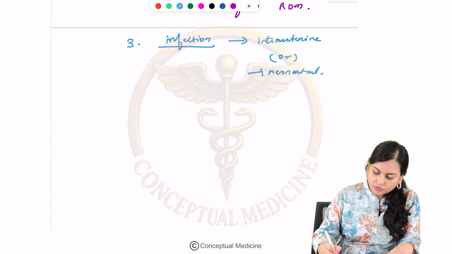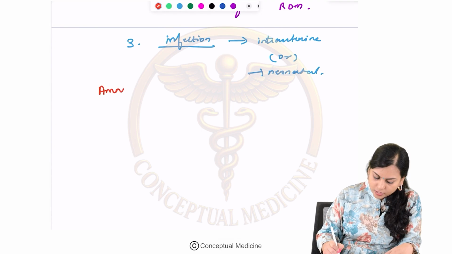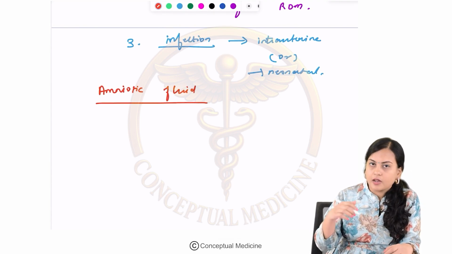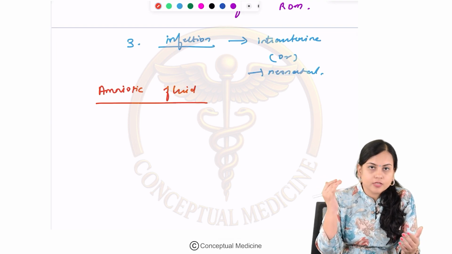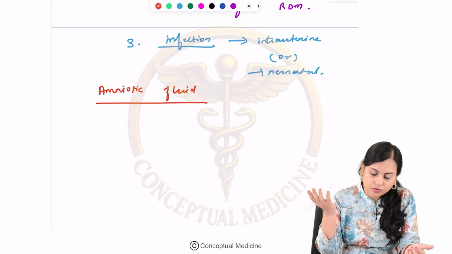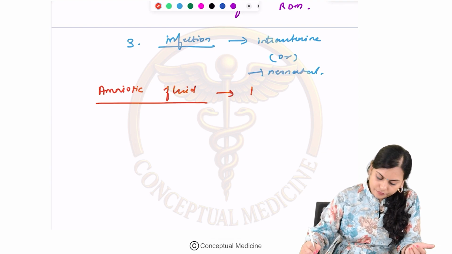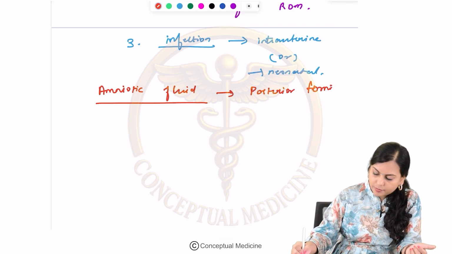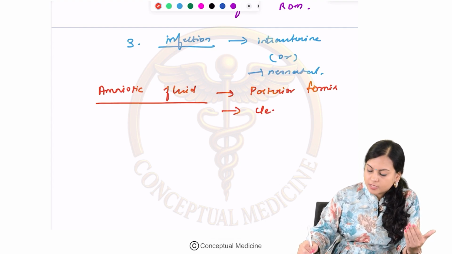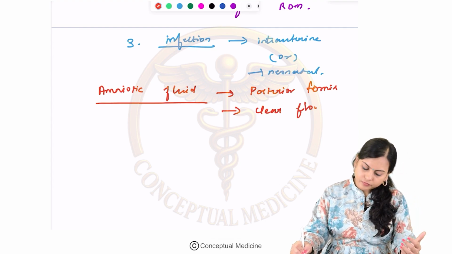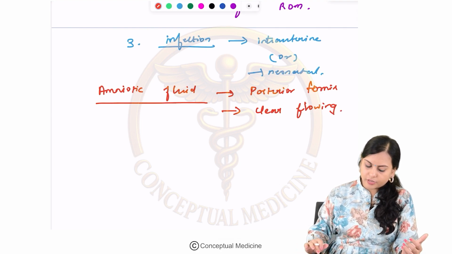What you have to know is that the amniotic fluid will pool in the posterior fornix once the membrane is ruptured, or there can sometimes be a clear flowing of the fluid also.